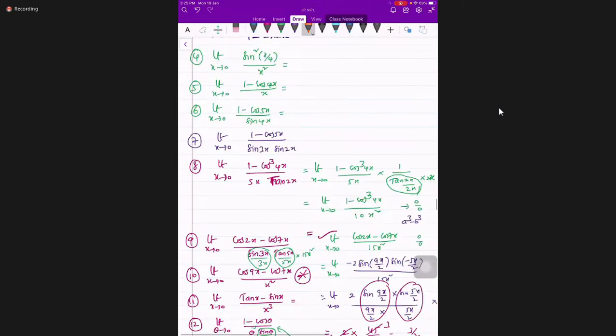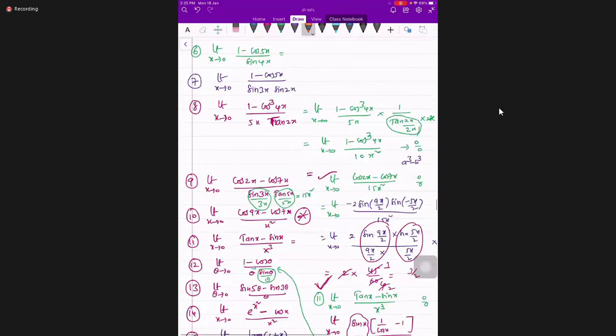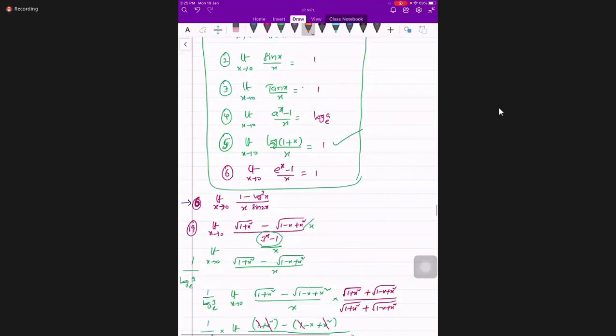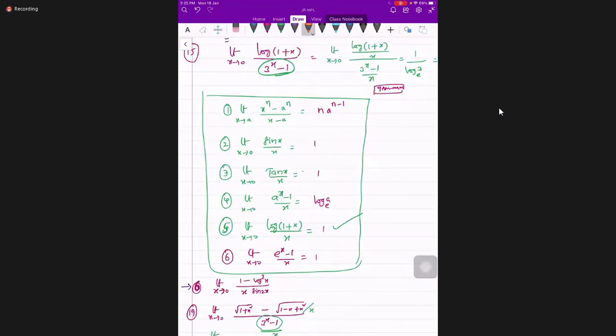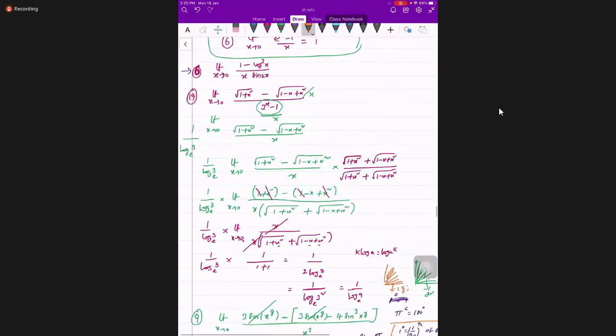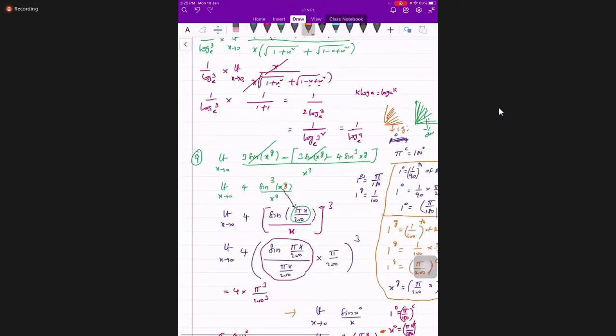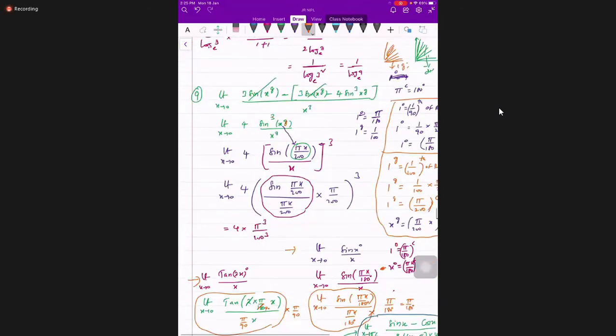So these are the different questions we did on standard limits, and that discussion of standard limits we consolidated here from the formulas 1 to 6. Again, it's applications of those numericals for different situations.